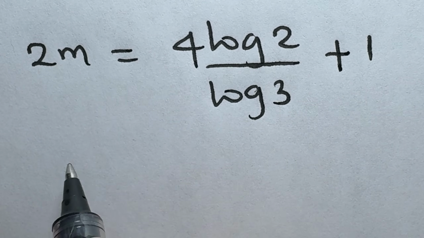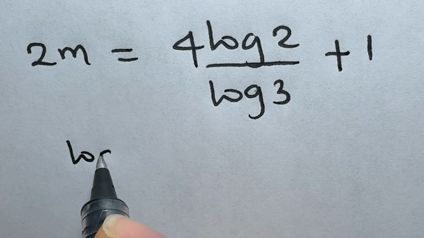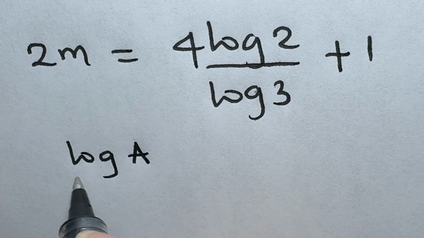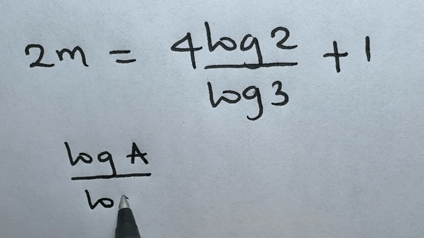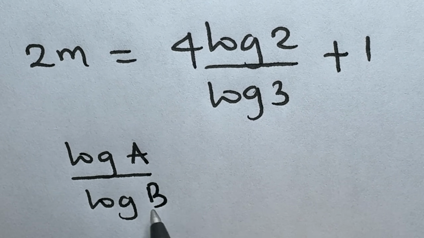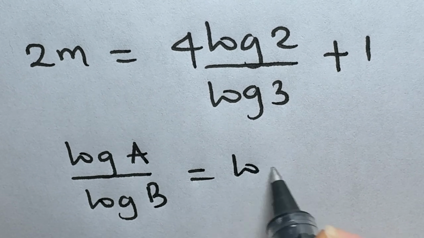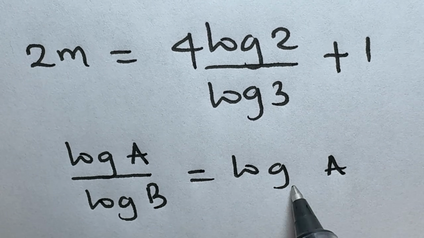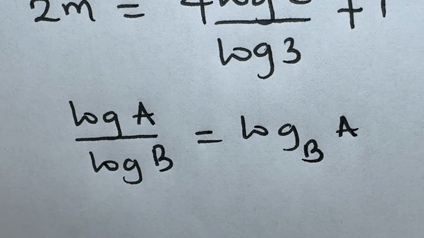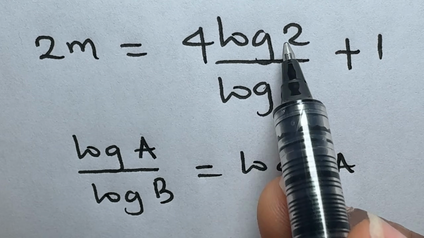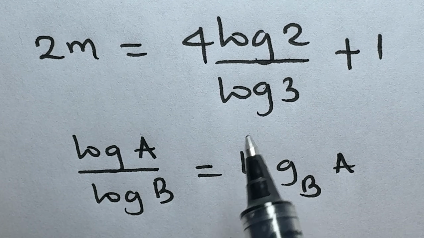Log 2 divided by log 3 is of the form log a divided by log b. And by law of logarithm, this is log a base b. Therefore, this becomes log 2 base 3.